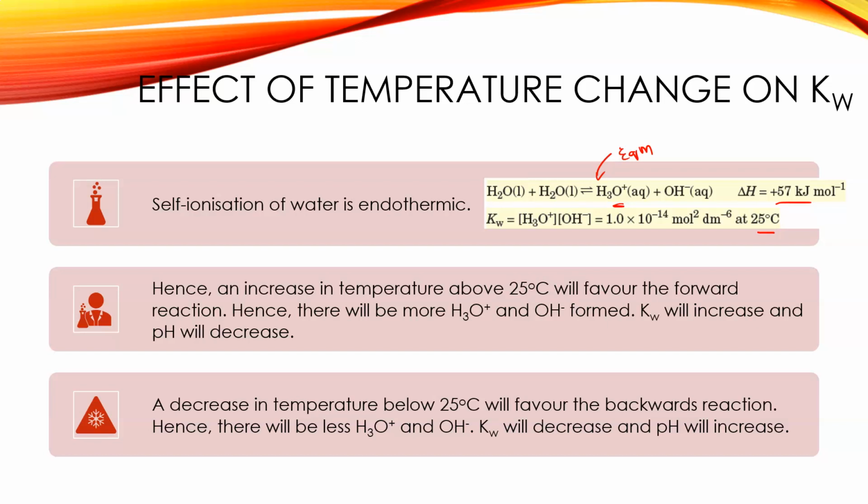If we decrease the temperature below 25 degrees, it favors the back reaction. There is therefore a decrease in the concentration of H3O+ as well as OH-, and the Kw will decrease in size, resulting in an increase in pH.